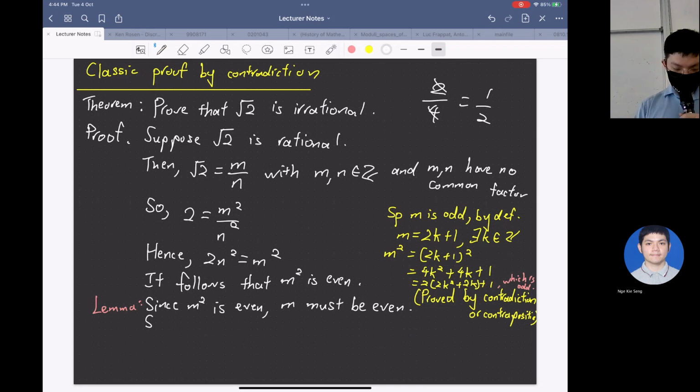So since m is even, m equals 2a for some a, right? And 2n squared equals 4a squared, which means n squared equals 2a squared.